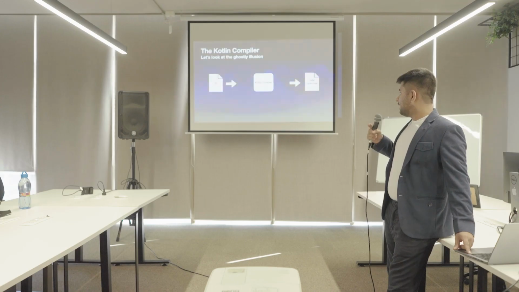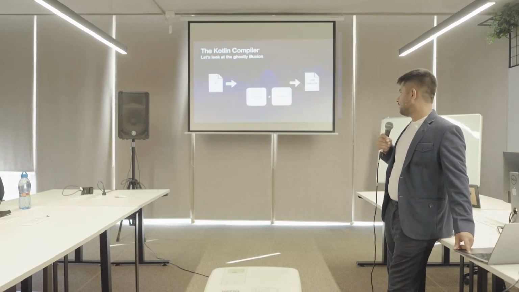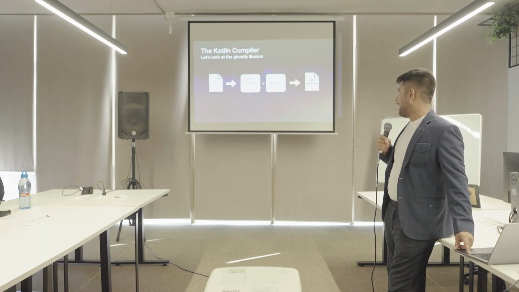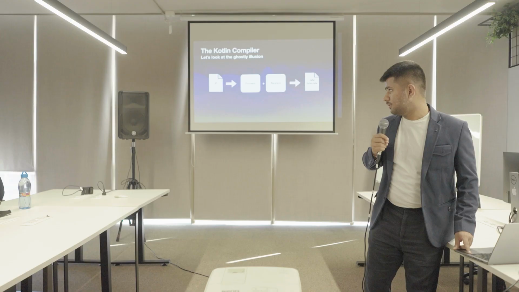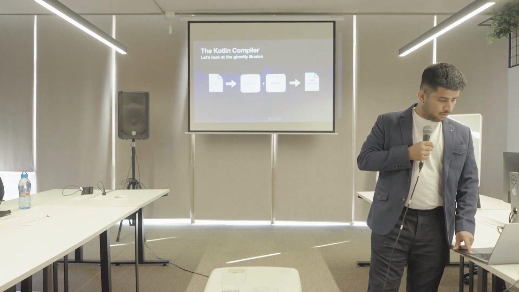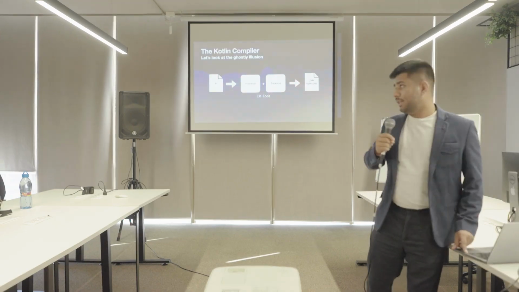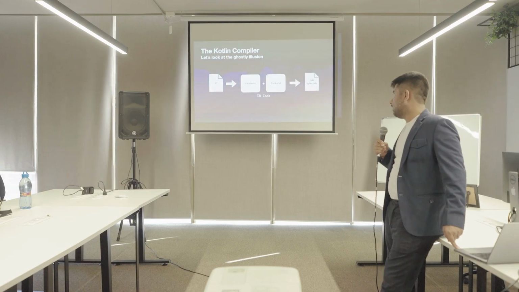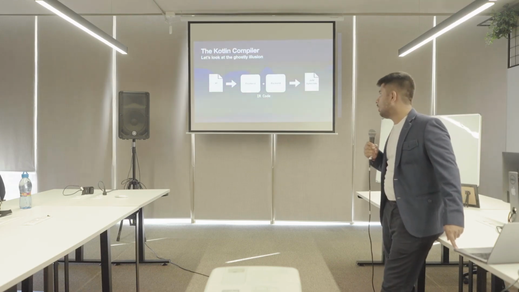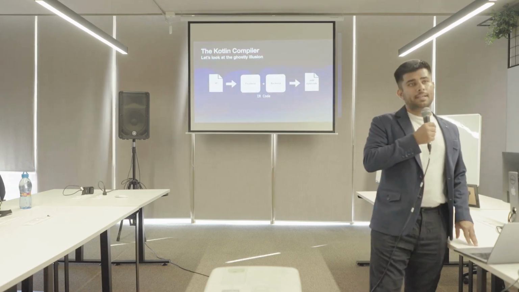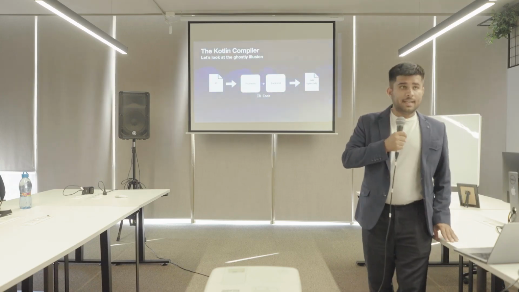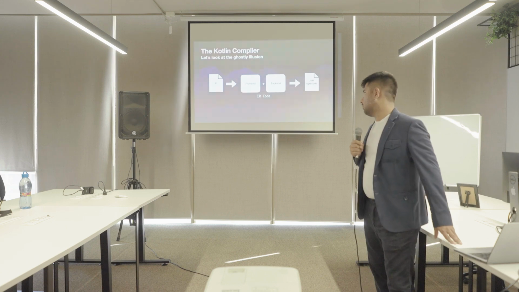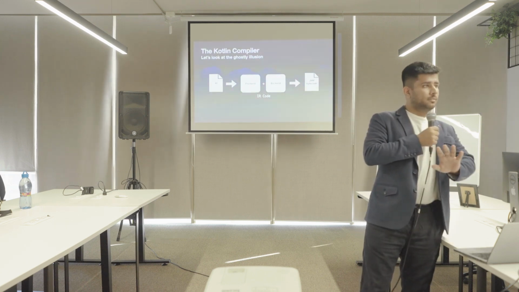So we are looking at the center element. This Kotlin compiler has two things, your front end and the back end. I'll give you a very brief detail about these layers, not going to complicate it a lot. They share something called the IR code, which is an intermediate representation code. Your front end of the compiler will read the Kotlin file and generate IR code. Your backend will read that IR code and generate the JVM bytecode. Clear till here? Any questions?